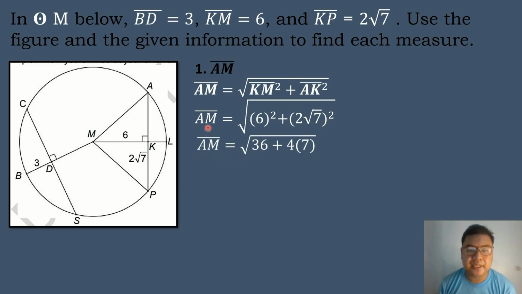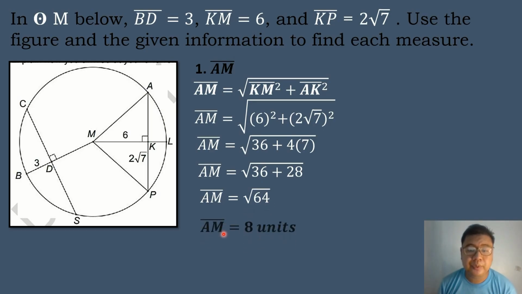Segment AM equals the square root of 6 times 6, which is 36, plus the quantity 2 square root of 7 to the second power, which is 4 times 7, which is 28. Then segment AM equals the square root of 36 plus 28, which is 64. Then the square root of 64 is equal to 8.